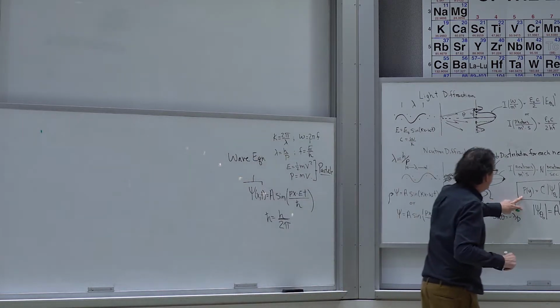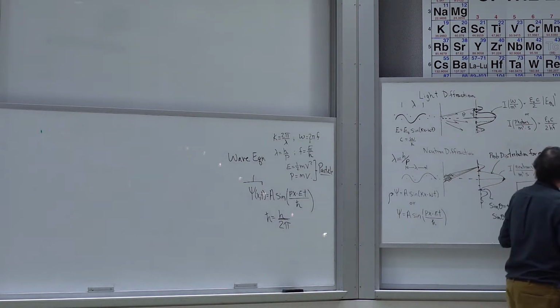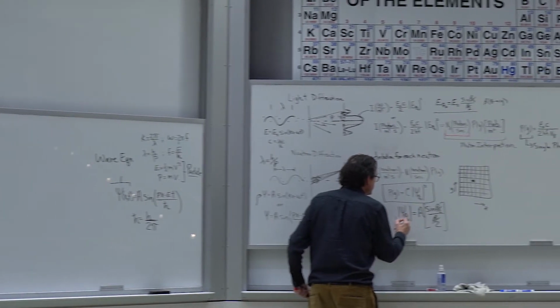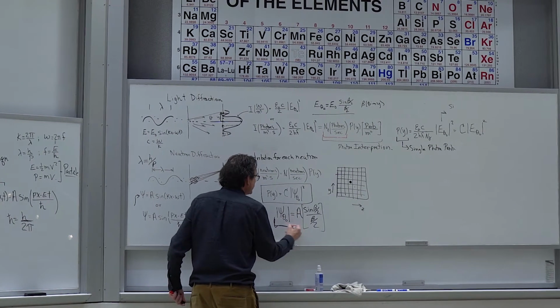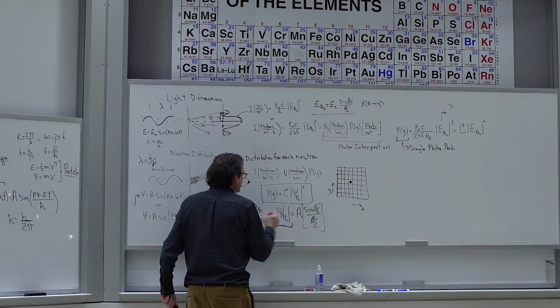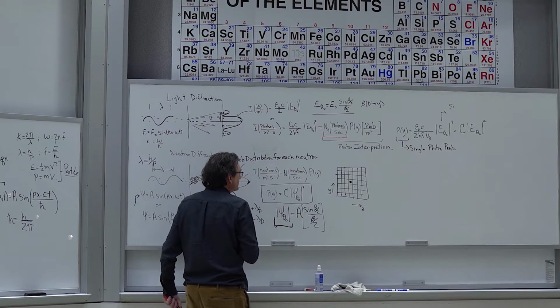Back to this point right here, what we see is that the interpretation, what do we mean? What is the interpretation of psi, of the wave amplitude, or in this case, the wave?